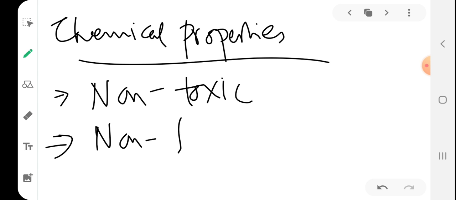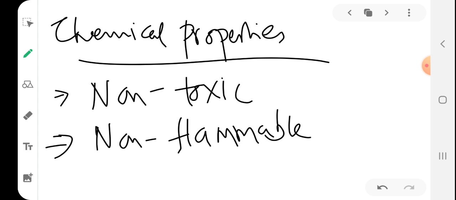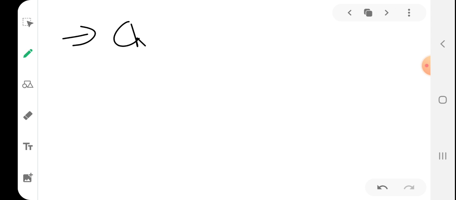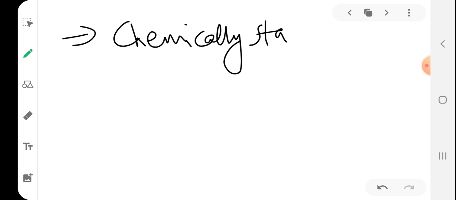non-flammable. It should not be explosive or flammable, right? Non-explosive. Chemical stability, it should be chemically stable, right?